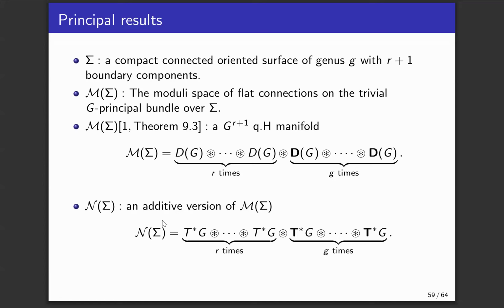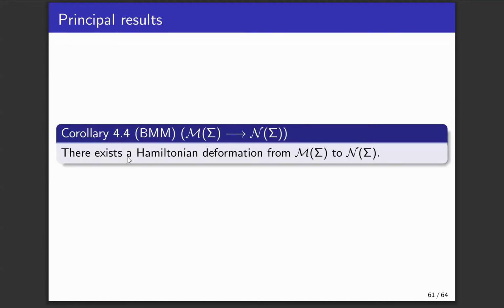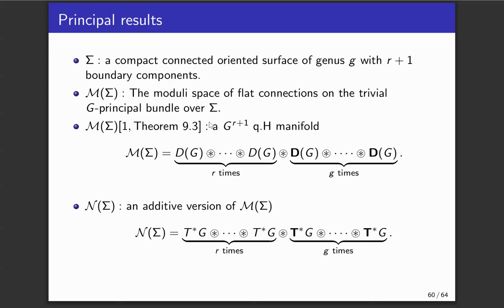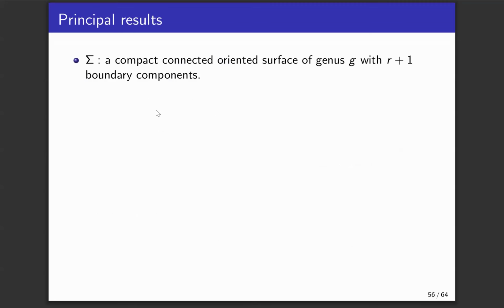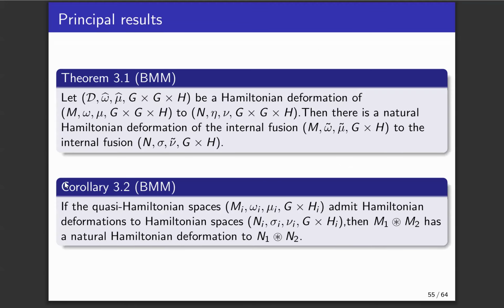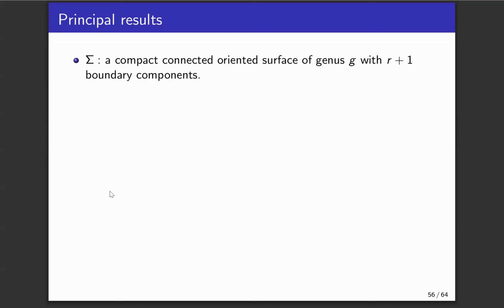Okay, and then the expected result is that we have a Hamiltonian deformation of the moduli space of flat connections on sigma to this additive version that we defined before. This corollary is just an application of our Theorem 3.1 and Corollary 3.2.